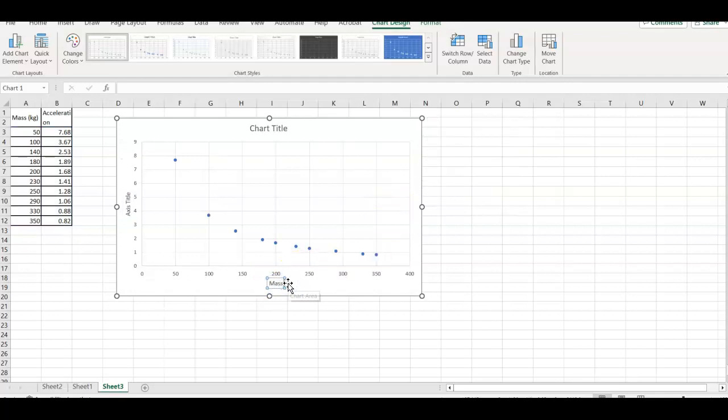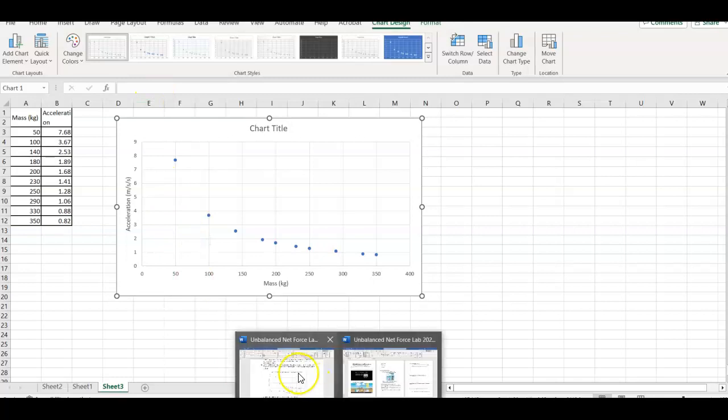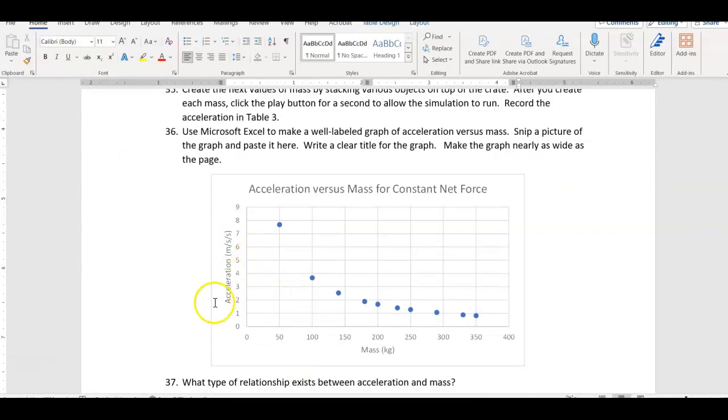Okay, so here's mass, and here's acceleration. And then we do need a title here, right? It would be acceleration versus mass. Okay, so this graph I would put in my lab report here at step 36.